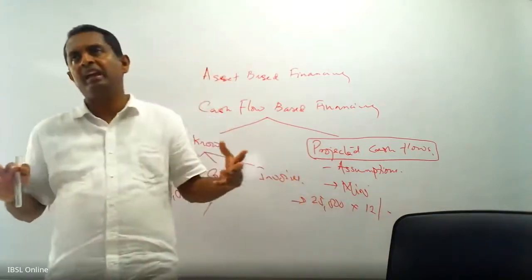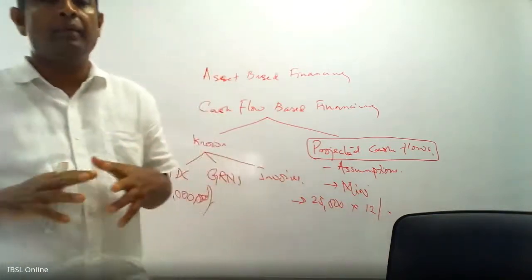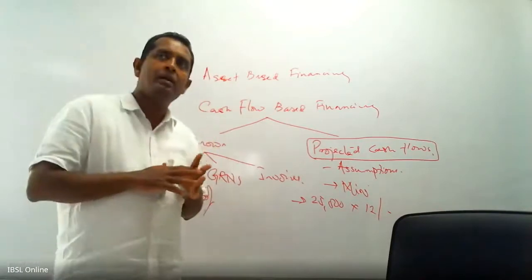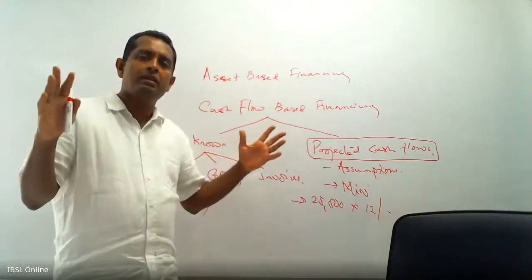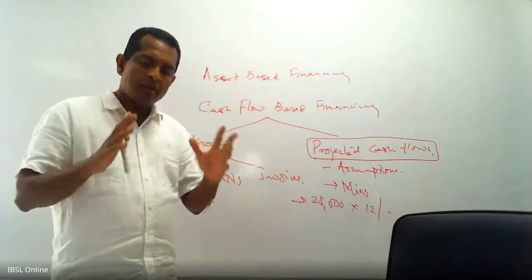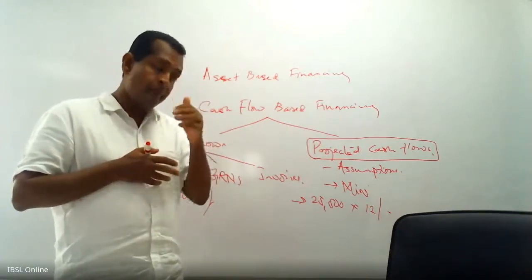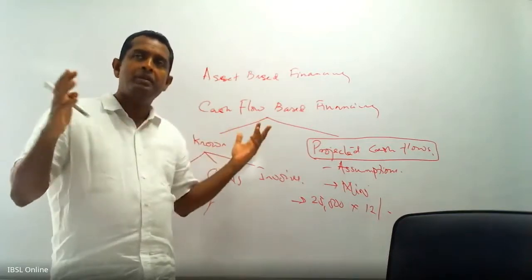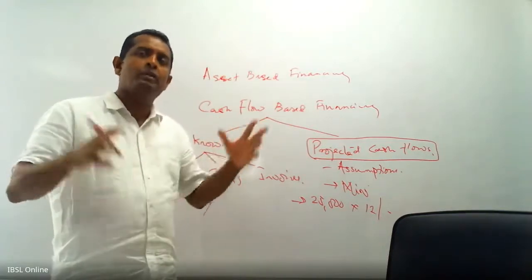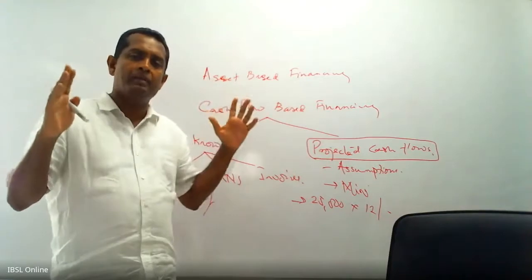Or you can say we are starting a 1,000 machine garment factory, right? So we have 1,000 machines, we have 1,200 people, big ones.